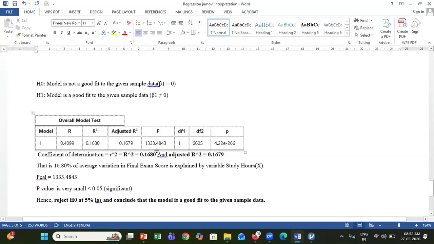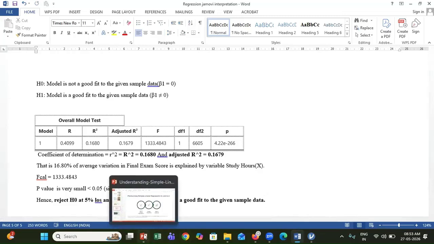Here the F statistic is computed as 1,333.4843 and the p value as 4.22 times 10 to the power minus 266, which is very small, less than 0.05, hence it is statistically significant. Hence, we reject H0 at 5% level of significance and conclude that the model is a good fit to the given sample data.